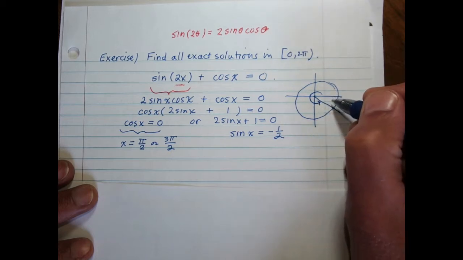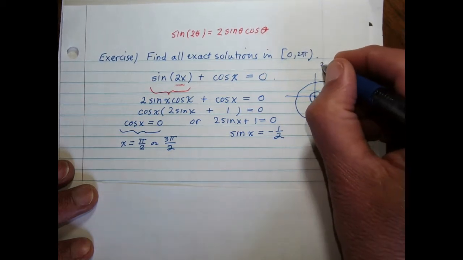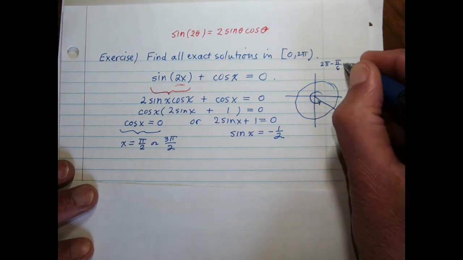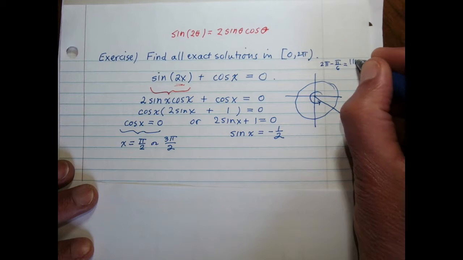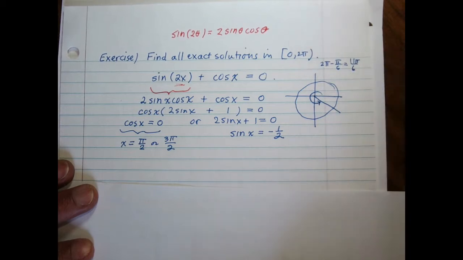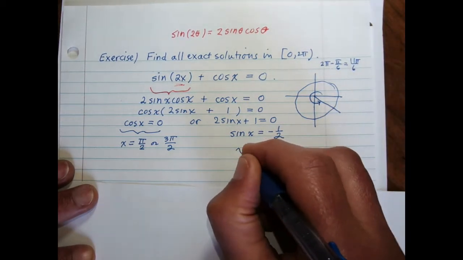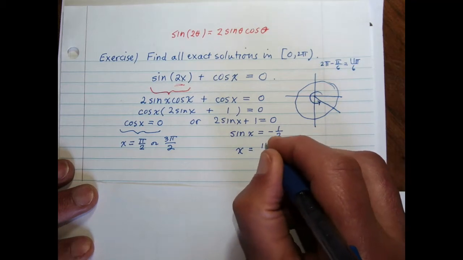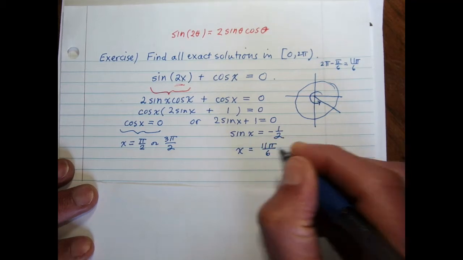So I'm going to take 2 pi minus pi over 6, which is 11 pi over 6. So one of my solutions is 11 pi over 6.